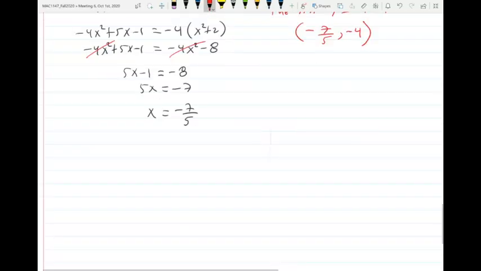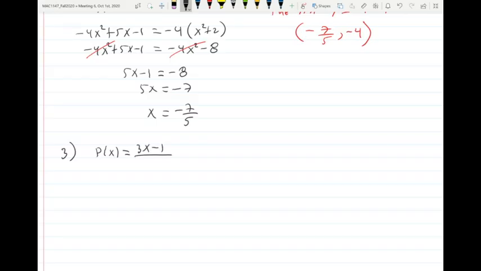Okay, so let's look at the next one. So we have p of x equals 3x minus 1 over 2x plus 7. And remember that here we had a horizontal asymptote, and it was the line y equals 3/2.